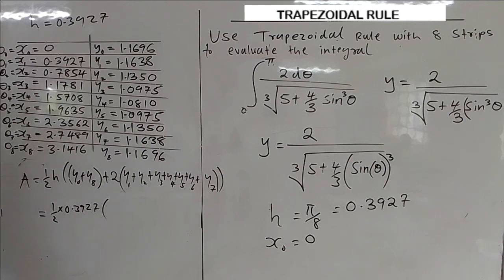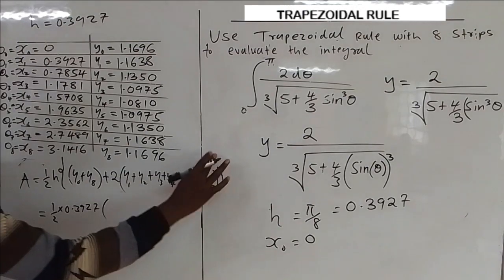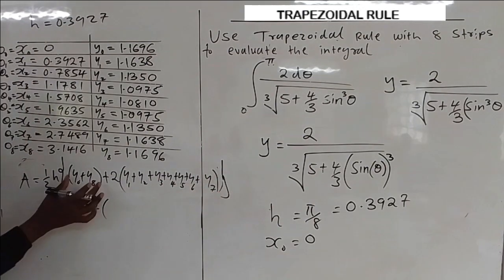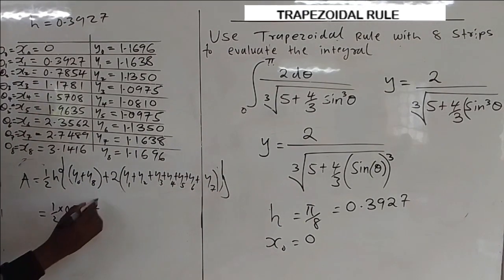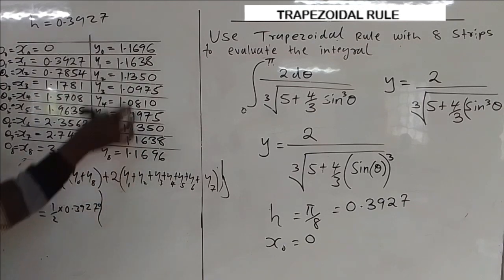So that you avoid that confusion, you work out what is in this bracket first, if you cannot use those double brackets. And what is y naught plus y8? Remember, it is a half h of everything inside the bracket. So start by getting this part, the sum of the ends. This plus this.